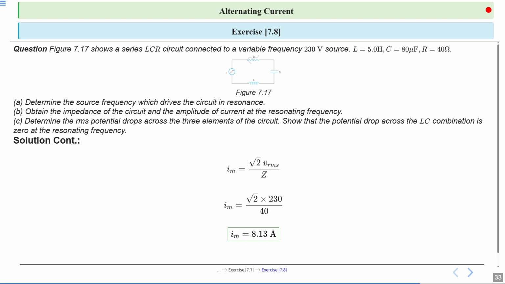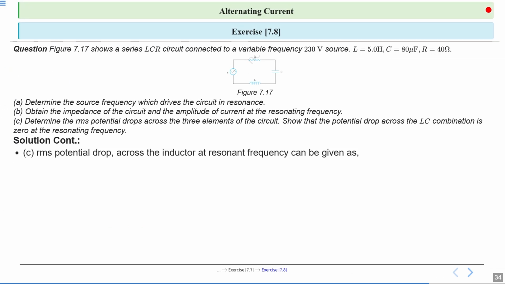After solving it, Im will be equal to 8.13 ampere. Got it? So we have calculated the amplitude of the current in this B part. Hence the amplitude of current at resonance is 8.13 ampere.